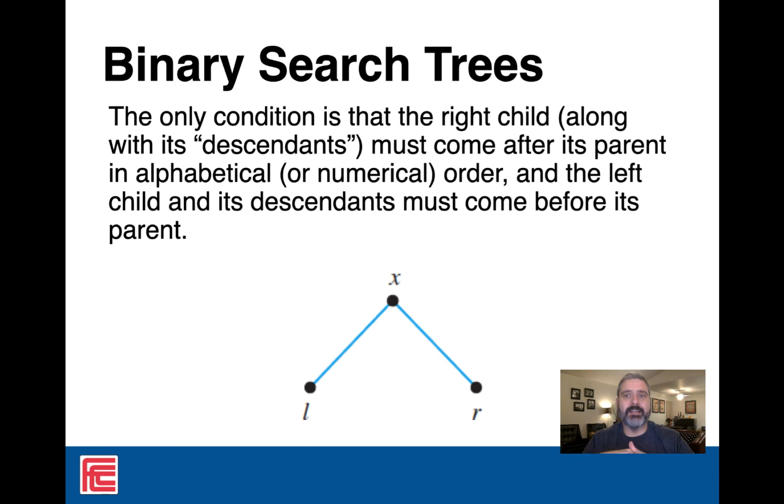All right, so the idea is that if we're going to do things alphabetically, I know that whatever the word X is, the word to the left is going to be earlier in alphabetical order than X, and whatever's to the right is going to be after X in alphabetical order. So the correct order is going to be LXR. And that's going to be true whether or not I'm doing something alphabetically, which is the case for our dictionary.